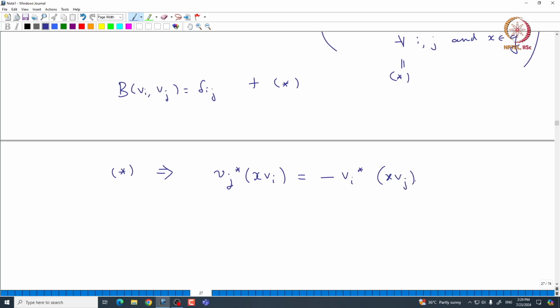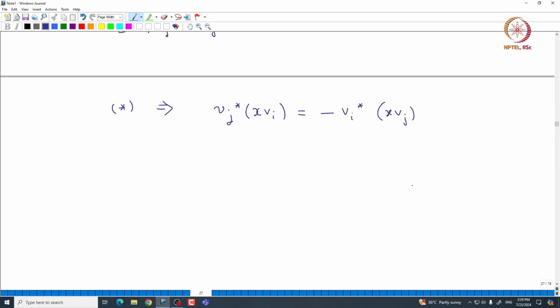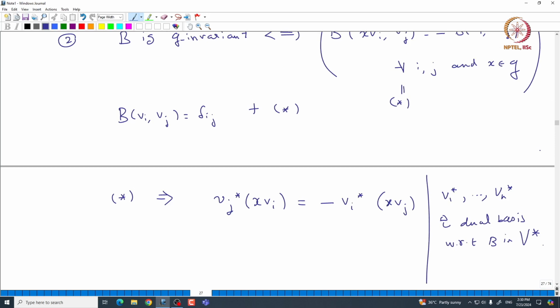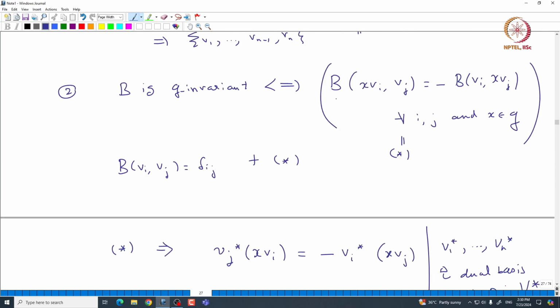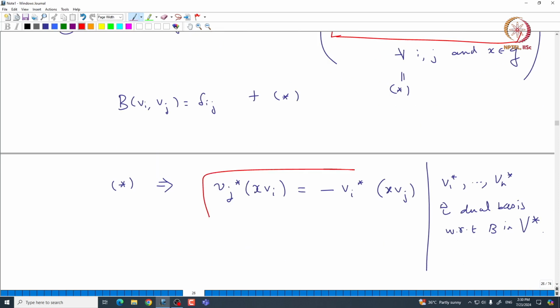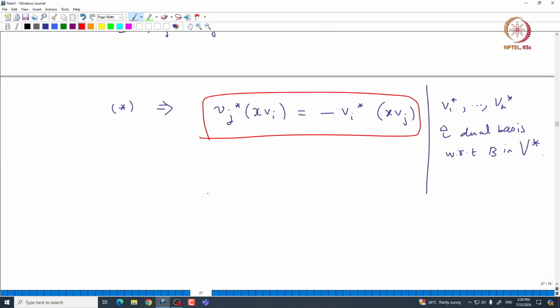And of course, V1 star etcetera Vn star is the dual basis with respect to B inside V star. So, that is why this statement that we have in the star can be translated like this. So, this is the condition for the matrix of X being an element of so(n), nothing else.